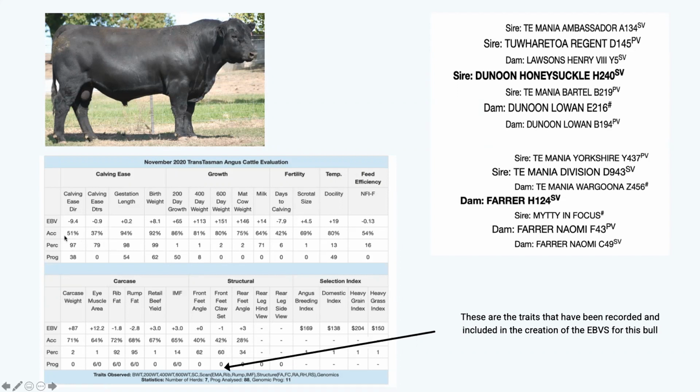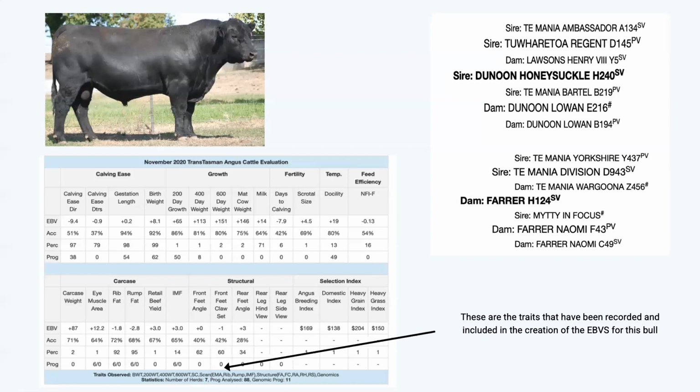One of the other important things besides the accuracy is to look down here where this arrow is, at the traits that have been recorded. The producers that have this animal have recorded things such as birth weight, 200-day weight, and 600-day weight. They've measured scrotal circumference, and they've scanned for eye muscle area, rib and rump fat, and intramuscular fat. They've also done structural assessment, and they've collected genomic information.